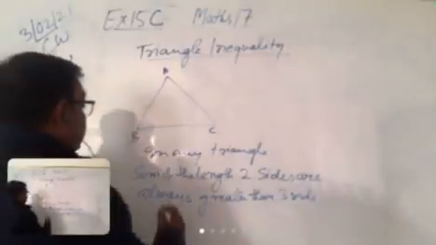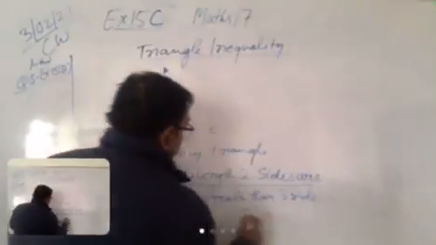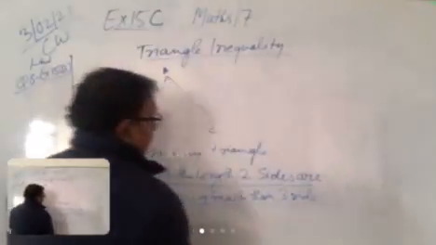Is that clear? Sum of the length of two sides is always greater than the third side.